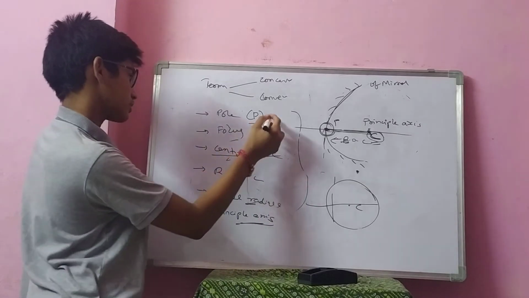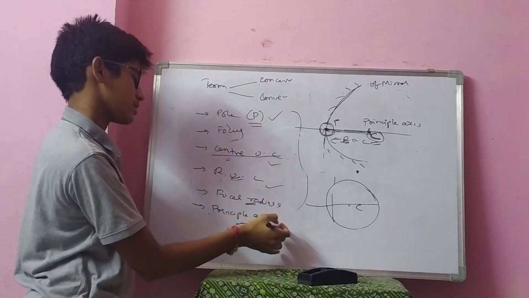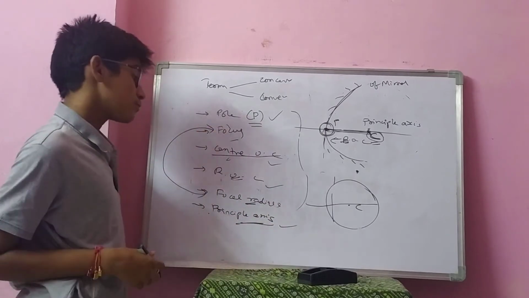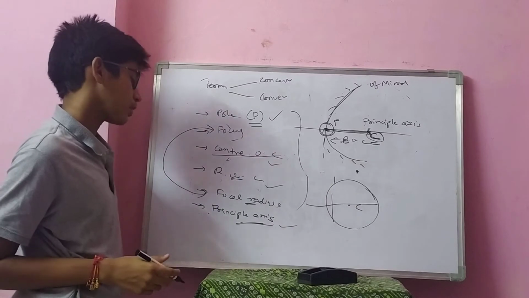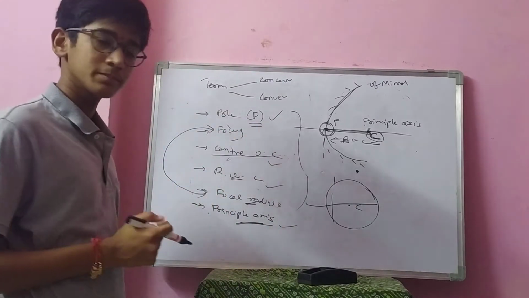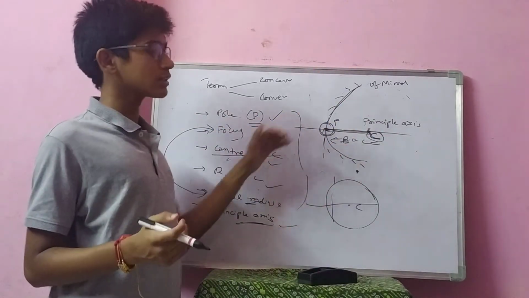What are the terms we have discussed? There are another two terms, focus and focal radius. Up to here, is it clear? Mainly, the pole is the intersection of the principal axis and the mirror.